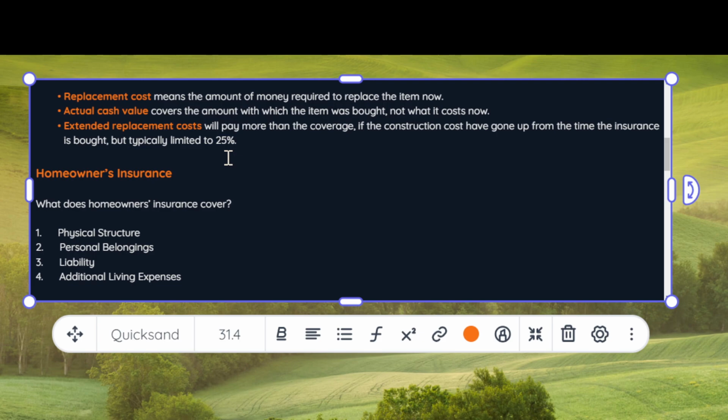So say for example, you need to repair your home and you along with your family need to stay in some other hotel for about 7 days, right? Any additional expenses that occur because of that fall under additional living expenses, and you can also claim for that to your insurance company.